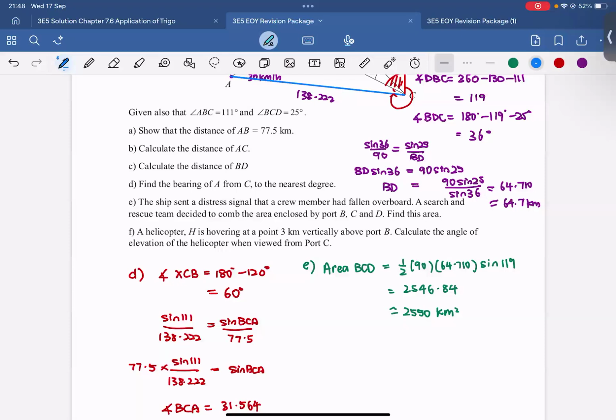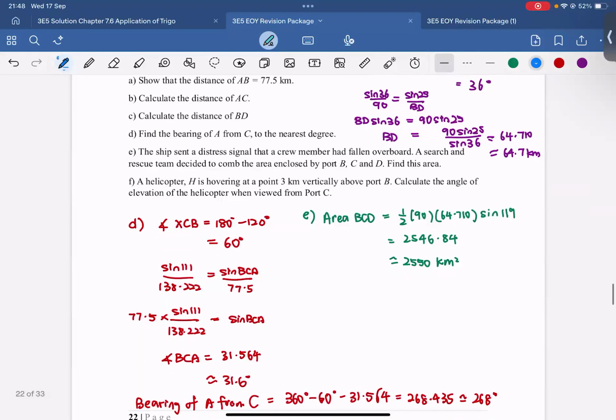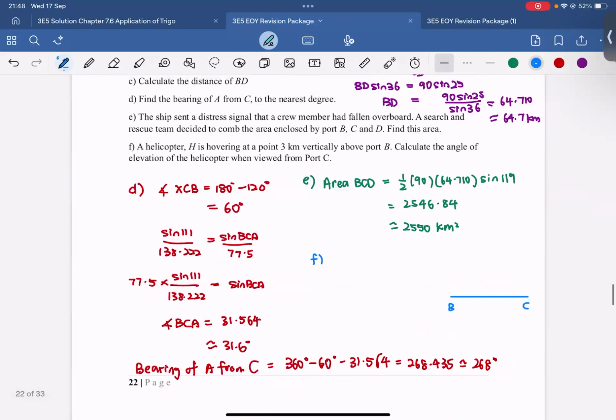Okay, last but not least, a helicopter hovering 3 km vertically above port B, calculate the angle of elevation from port C. So you must remember that B and C is actually on a straight line, on the flat ground. So we see from the side view now, B and C is on a flat ground. The distance is 90 km. The helicopter is above B, 3 km.